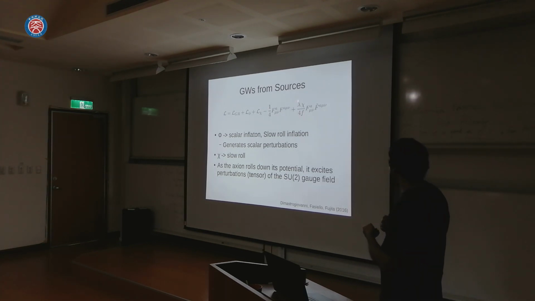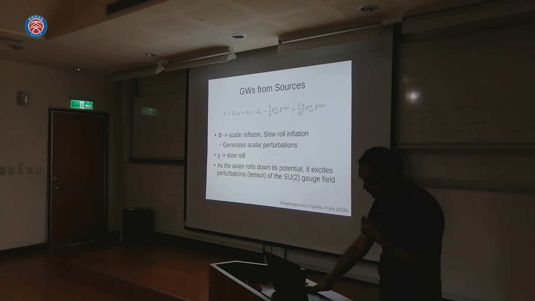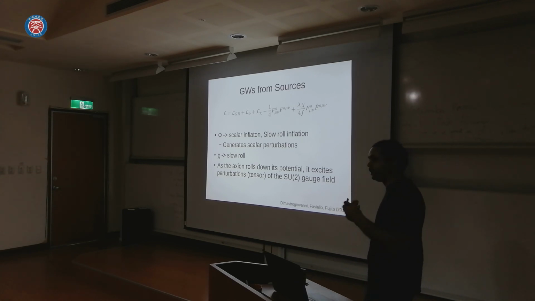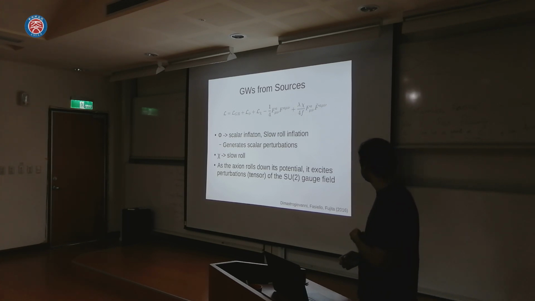What that does is that as the inflaton rolls down, because of this coupling, it dumps some energy into these gauge fields. In particular, for this case, we consider SU(2) gauge fields, which are like the W and Z bosons in standard particle physics.